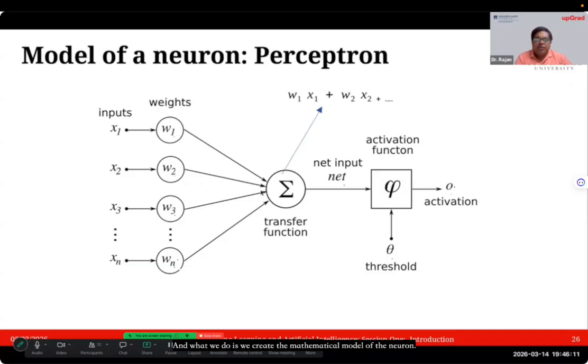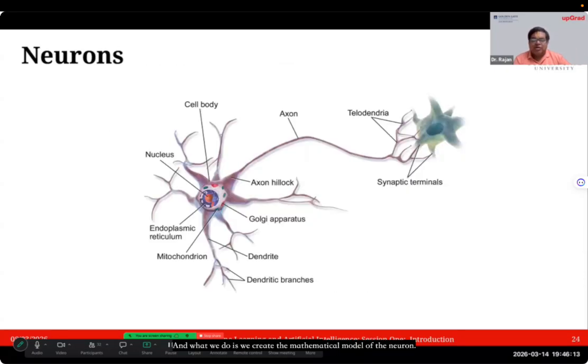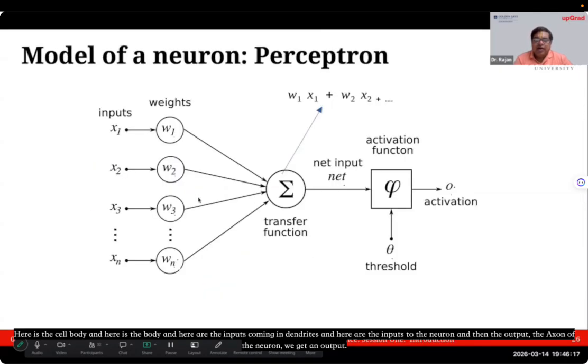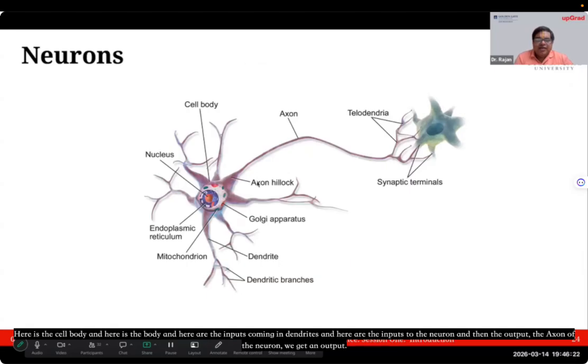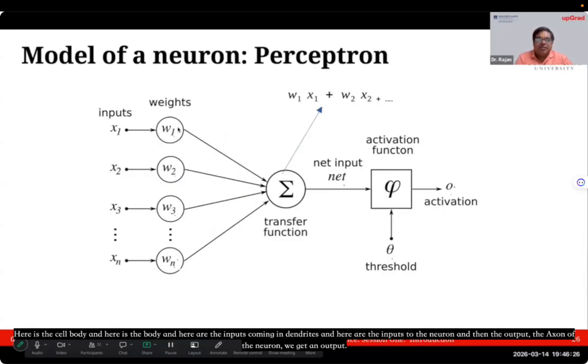And what we do is we create the mathematical model of the neuron. Here is the cell body, and here are the inputs coming in, the dendrites, and then the output, the axon of the neuron.